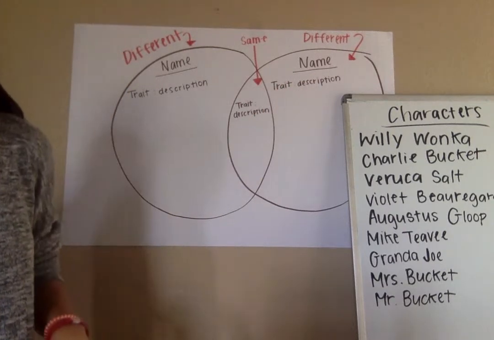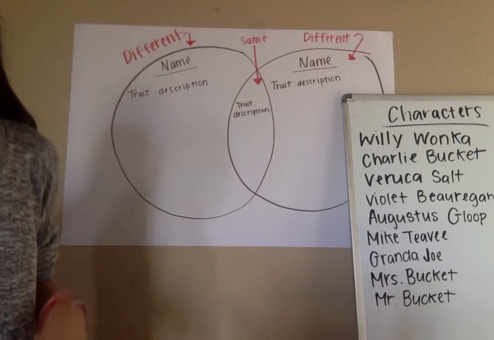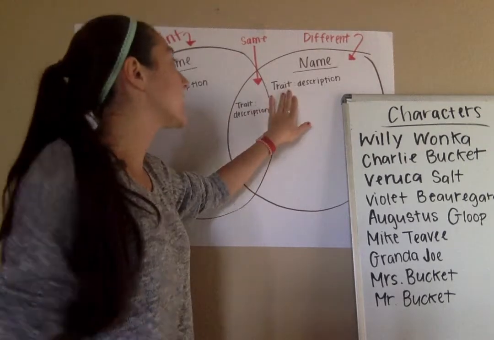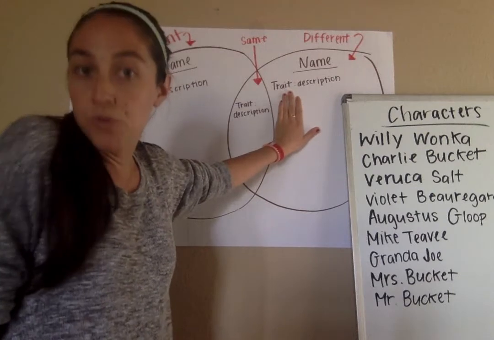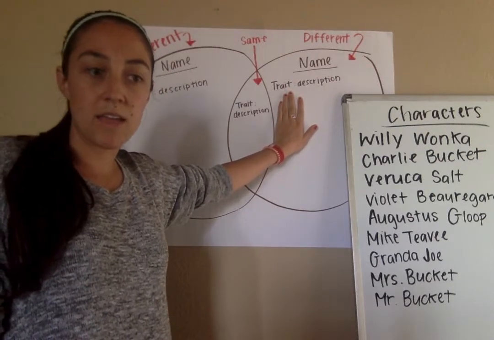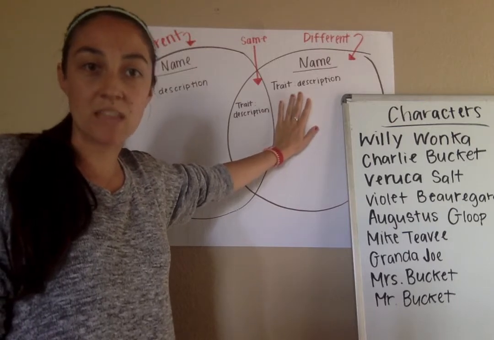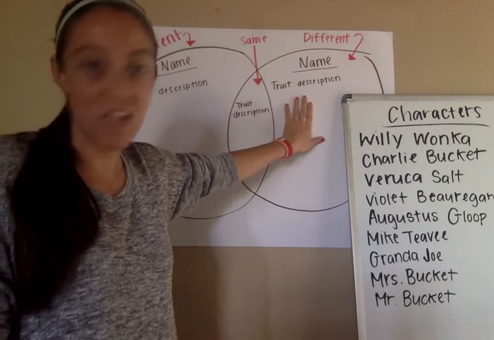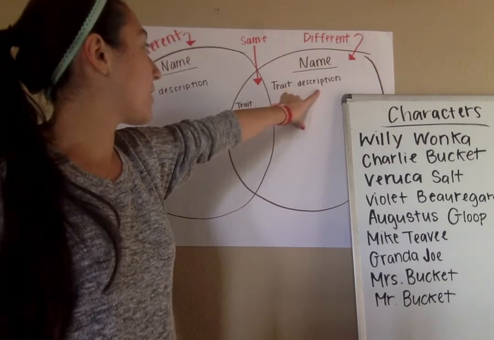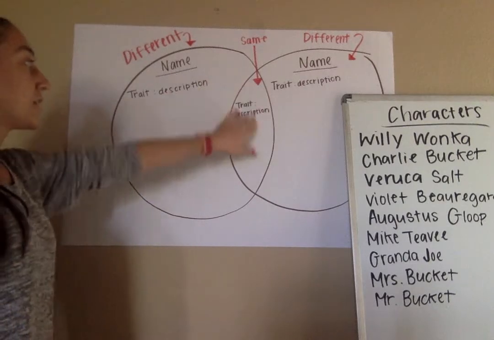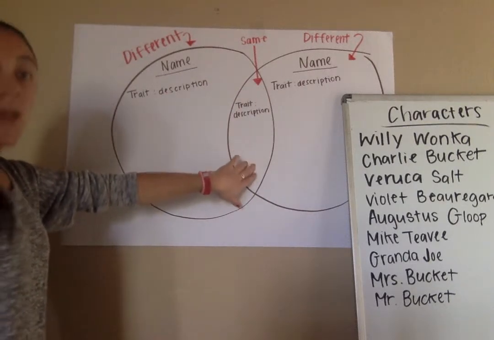When you're talking about Veruca or Violet, you're going to use other words, like for Violet, for example. If I said Violet, I'm going to say rude, self-centered. All she really cares about is getting her ticket and getting into the factory. She doesn't care how she gets that ticket, she just wants it. So you're going to write the description of her, and then you're going to come up with characteristic traits that are the same.